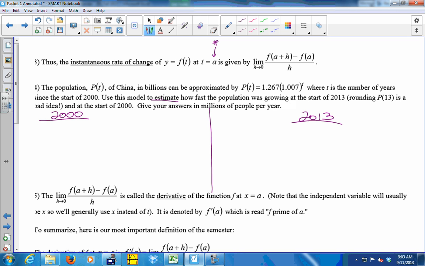So we need to pick some small time interval near or around the year 2000 to get an average rate of change. What time interval did people use? 1 year? A thousandth of a year? So you went from t equals 0 to t equals 0.001? Oh, okay. So you went a little bit before 2000, a little after 2000?